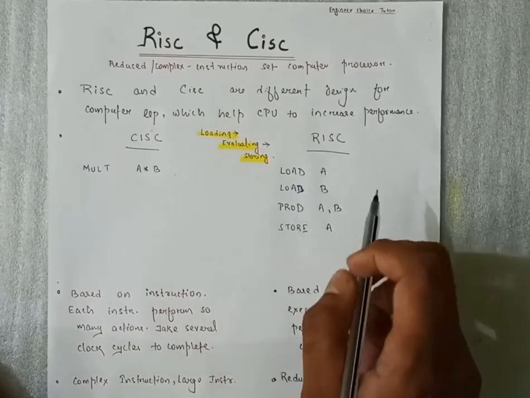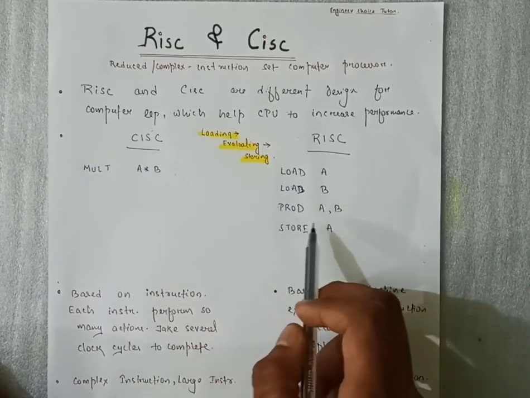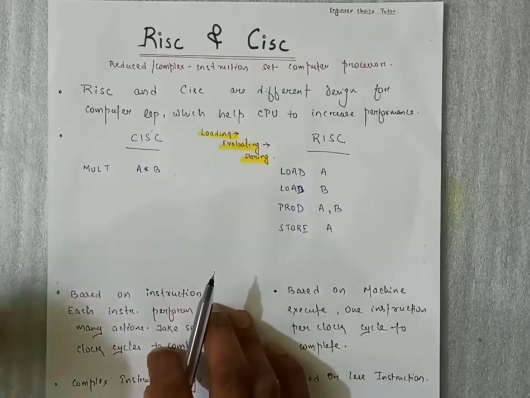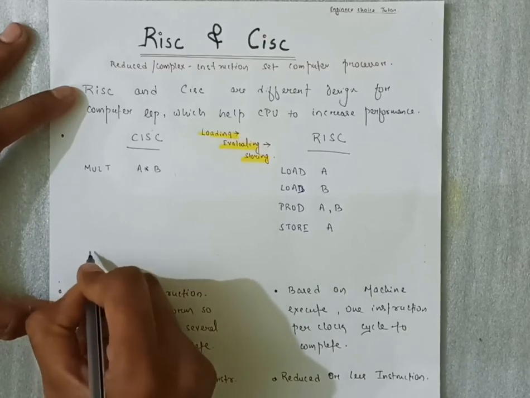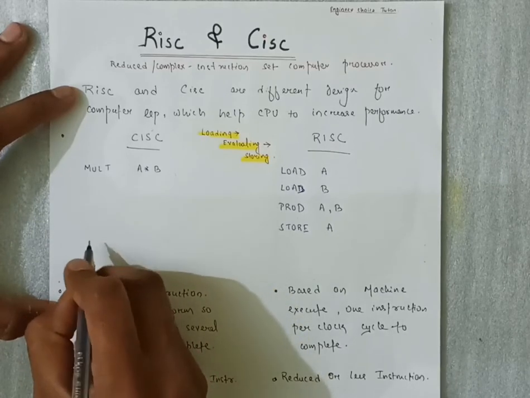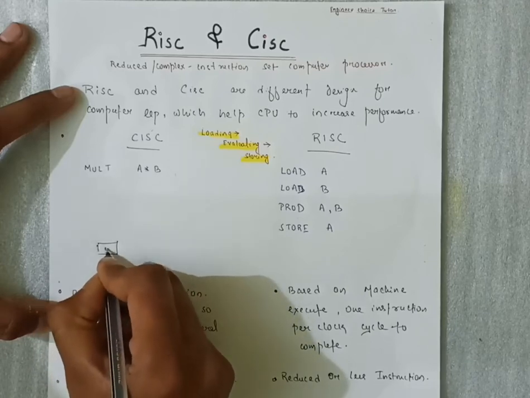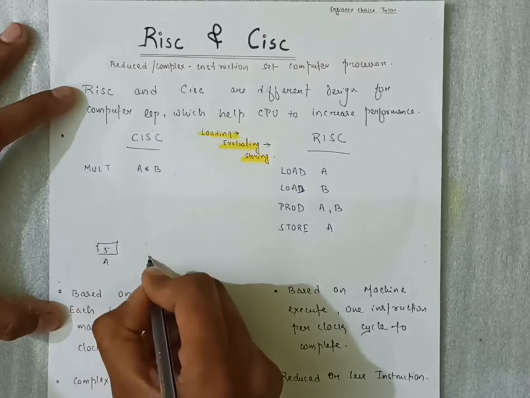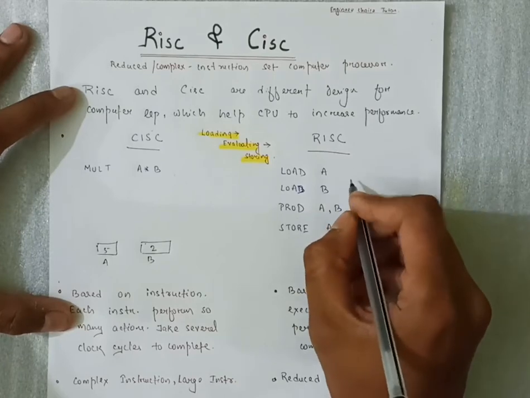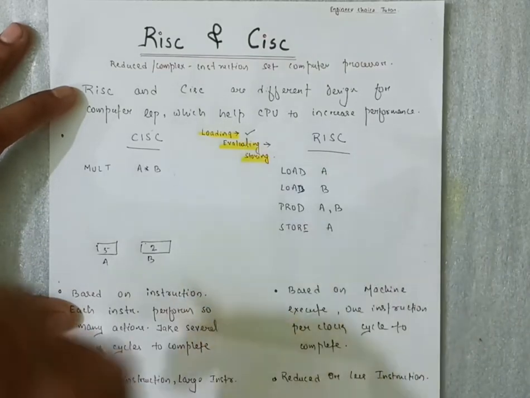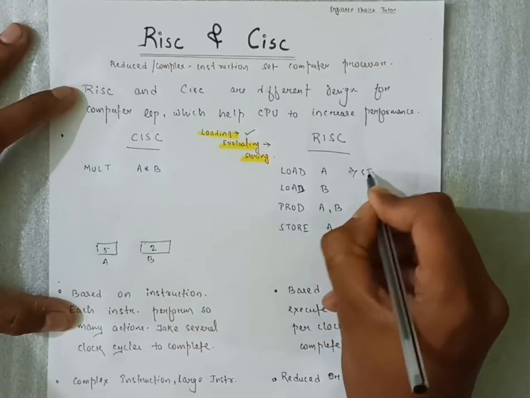So here some machine language is written, means load A, load B, product of A and B, and store A. Suppose we have the value of A somewhere in the memory, and the value of A is 5 and the value of B is 2. Load A means we are loading the value of A, so here the value will become 5.